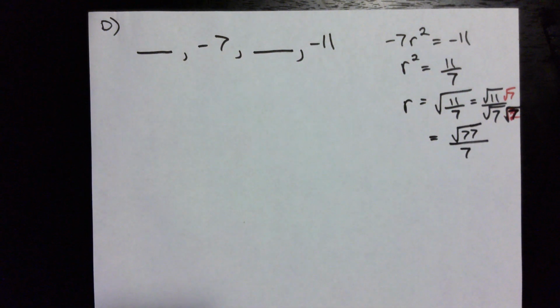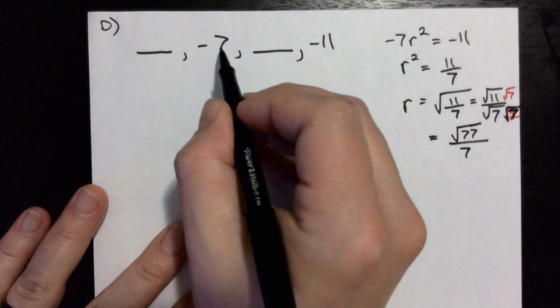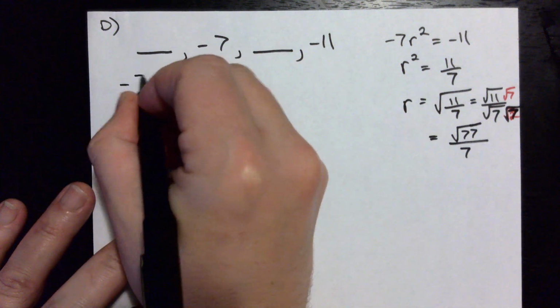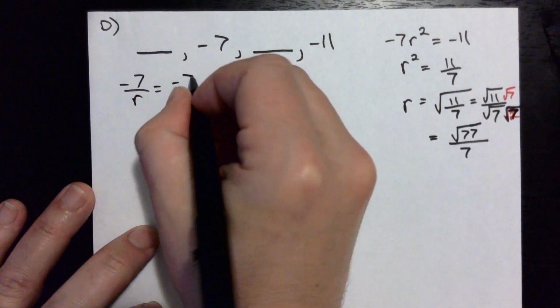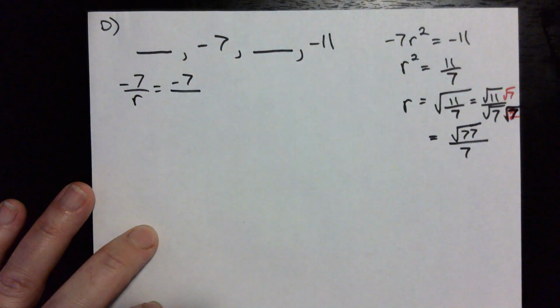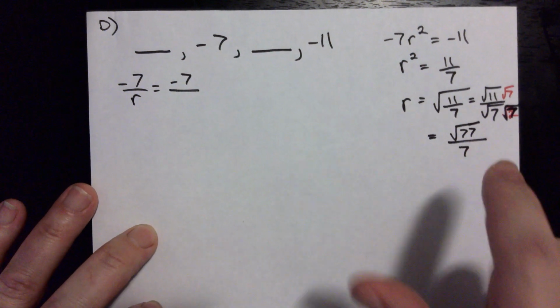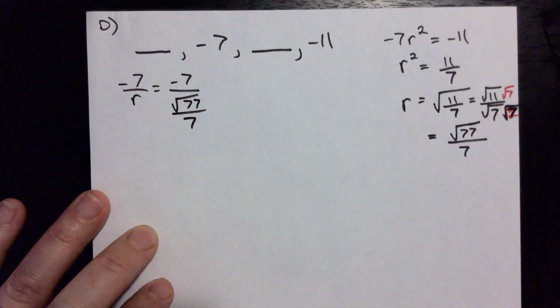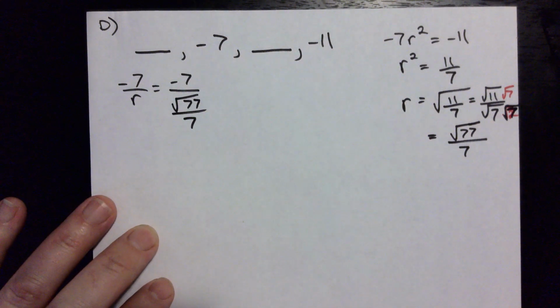All right, so looking at the first term, we need to use the second term to go work backwards to get the first term. So we'll divide it by r. So it'll be negative 7 divided by r, which is negative 7 divided by, let's see, let's just use this one. It's cleaned up nicely. So the square root of 77 over 7. Okay, let's see.